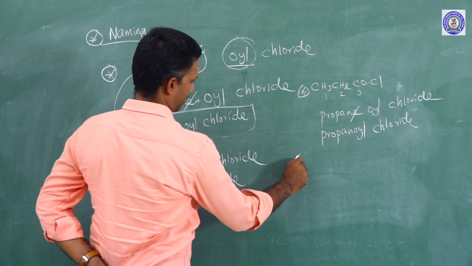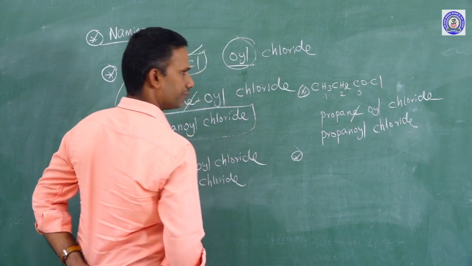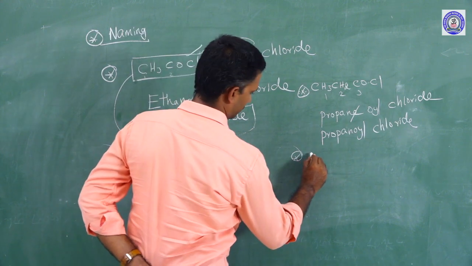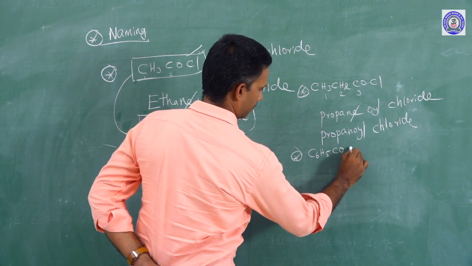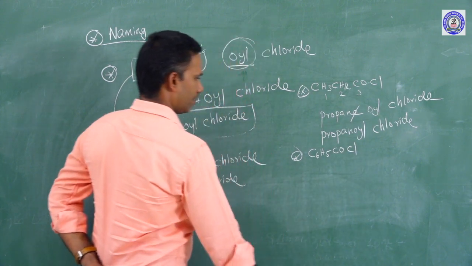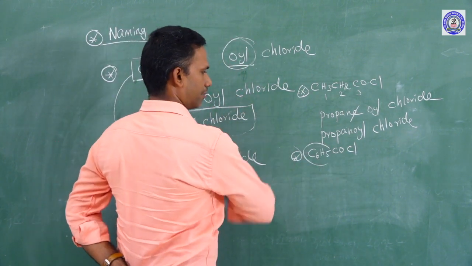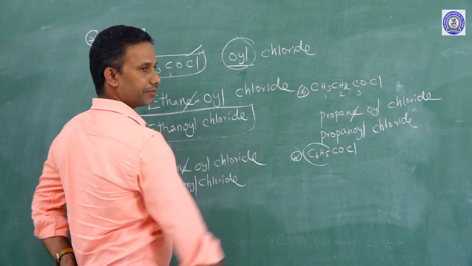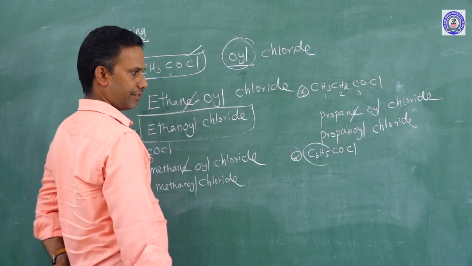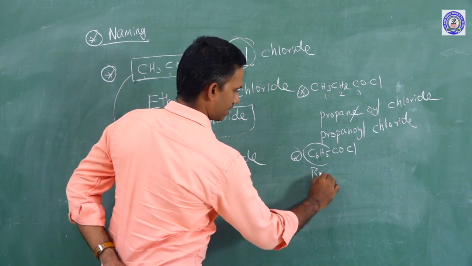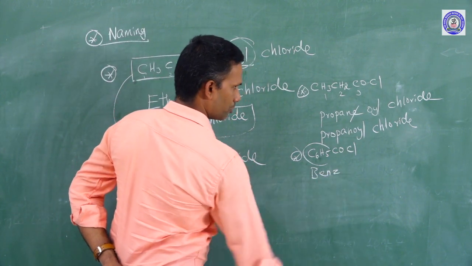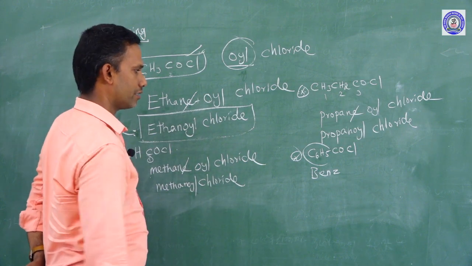Still one more example for this one. See, don't take 6 carbons. There is a special group. Because it is benzene, it is benz. Benzene you should not put; it is benz.